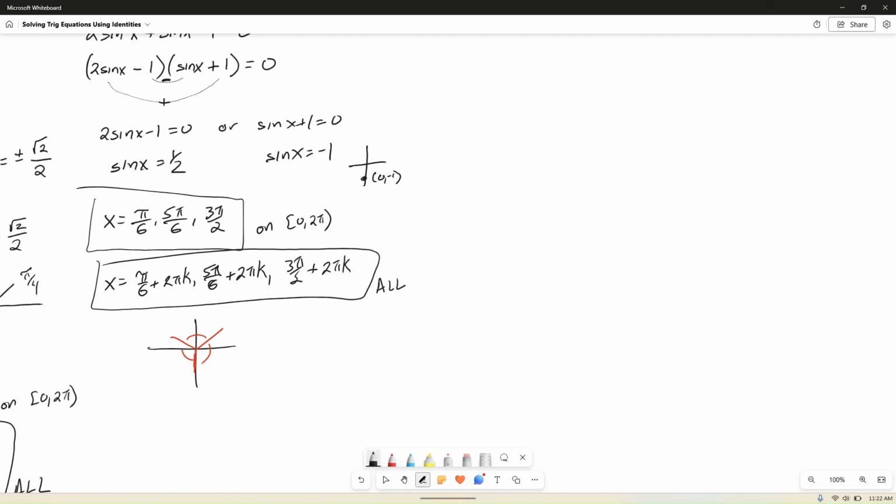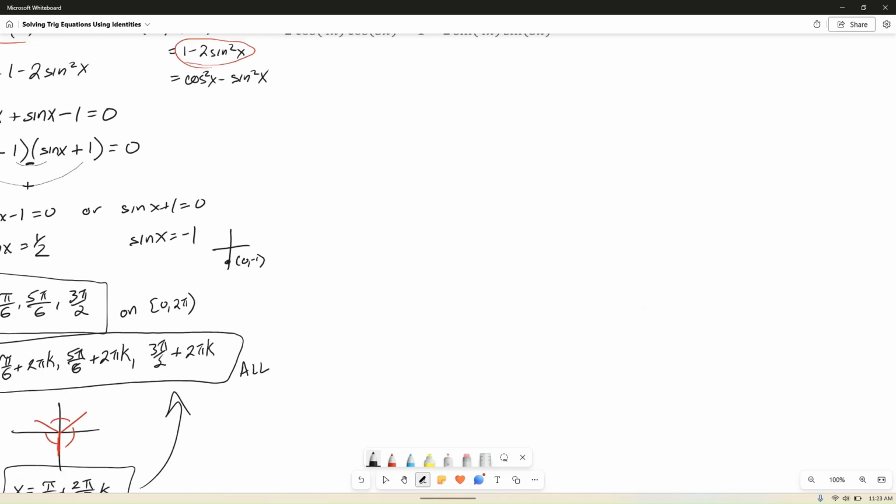So we could rewrite that as x equals pi over 6 plus 2 pi over 3 times k, and that would give you the same solution set, just in a simpler format. But it's not necessary.